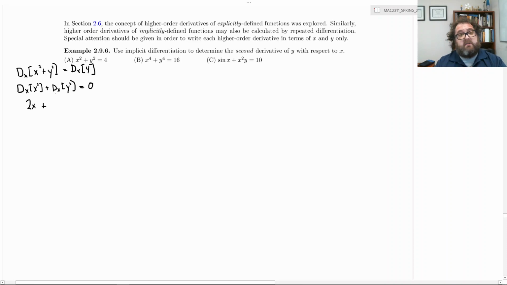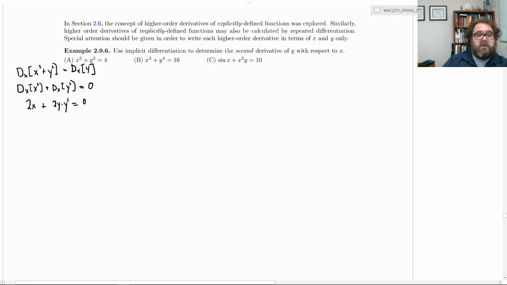It's the derivative of y squared with respect to x. So there's a variable mismatch, and so we have to apply the chain rule. Remember, we're assuming that y is some unknown differentiable function of x. So the derivative is going to be 2y times the derivative of the inside function, which is y prime, equals 0.